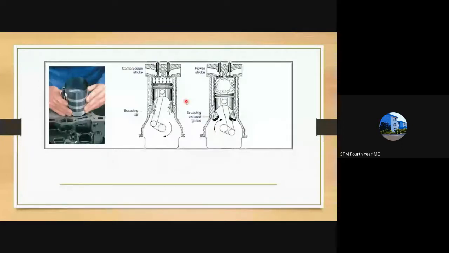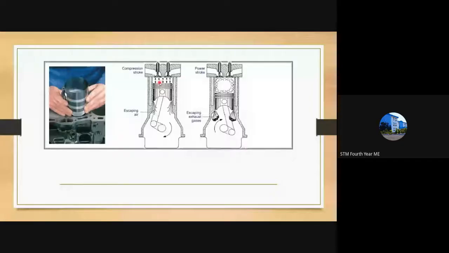When the piston moves upwards, air or air-fuel mixture can escape down to the crankcase. That is an undesirable property; it should not occur, and we would lose air-fuel mixture.